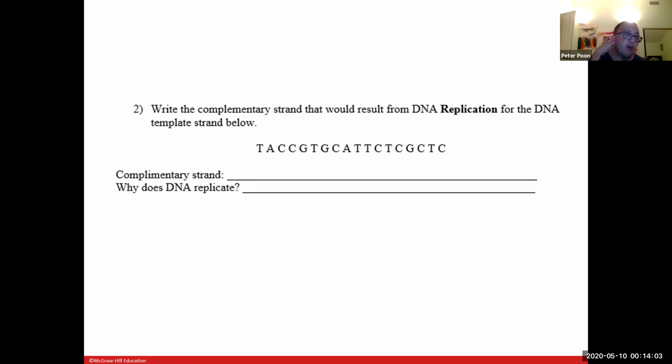So one strand is called the template strand. The other strand is called the anti-template strand or the complementary strand. So A's bind with T's, C's bind with G's. So this is really easy.